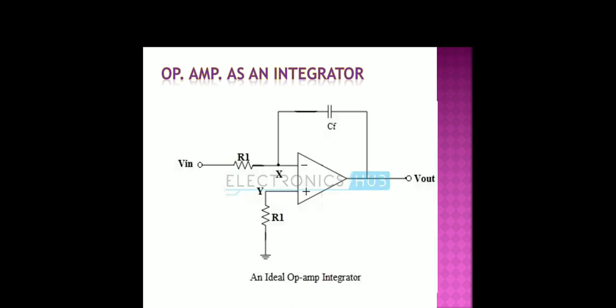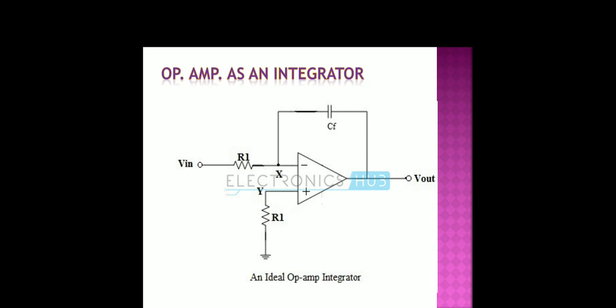Here you can see in this diagram input voltage Vin is applied to the inverting terminal of the op-amp through an input resistance R1 or Rin. The capacitor Cf is connected in the feedback path between output and input. The X point is nothing but a virtual ground point.